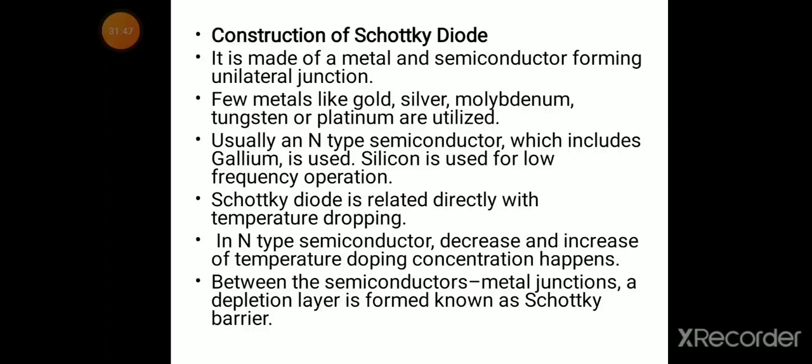The Schottky diode is related directly with temperature and doping. In an N-type semiconductor, the doping concentration changes with temperature. Between the semiconductor and metal junction, a depletion layer is formed, known as the Schottky barrier.